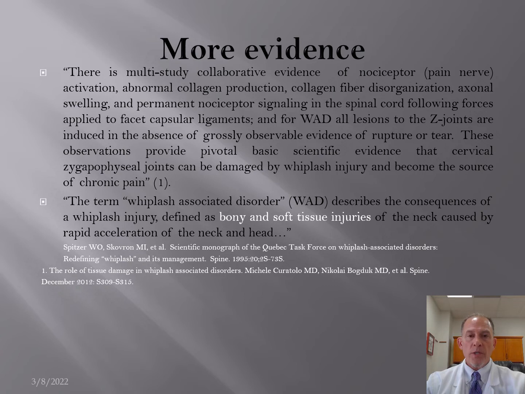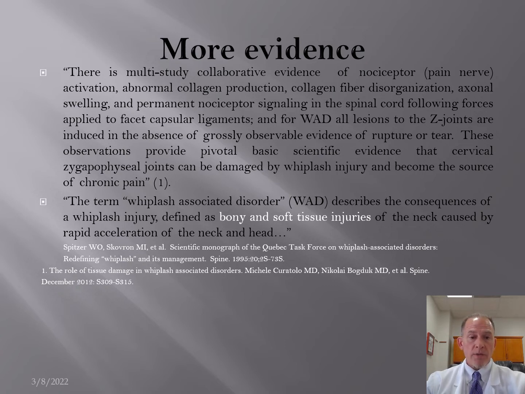So in addition to injuries to the intervertebral disc, which are obviously seen on MRI scans, injuries to the multifidus muscle groups and facet joints, as well as the facet capsular ligaments, are not routinely seen on diagnostic imaging or plain film X-ray.